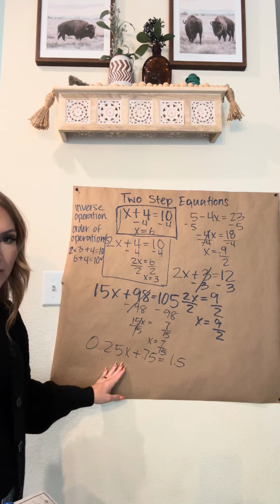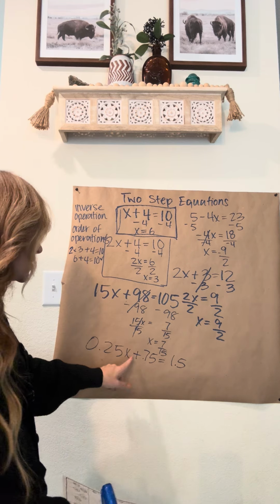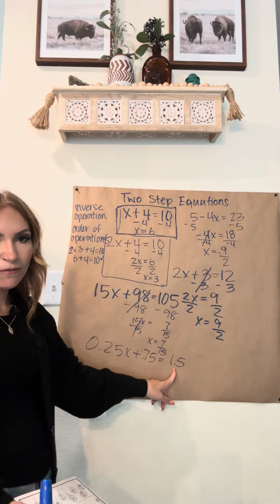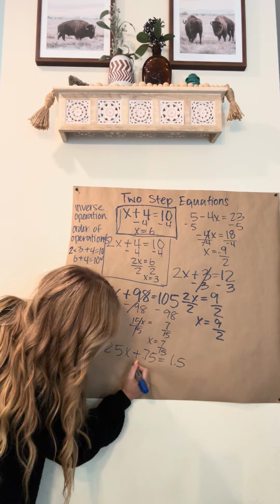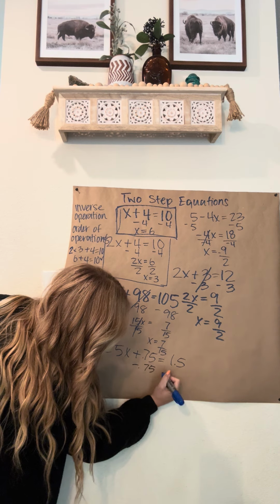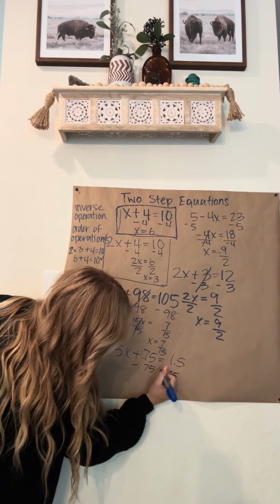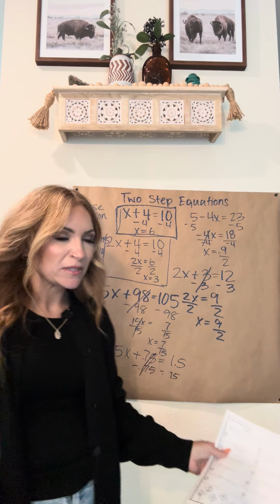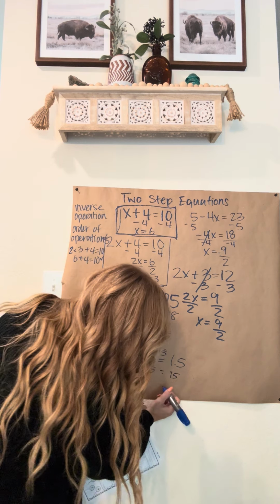So we're still following the same steps, and we're going to subtract 0.75 out of 1.5. Subtract 0.75. So that cancels each other out. 1.5 is double of 0.75, so we just have 0.75 left.